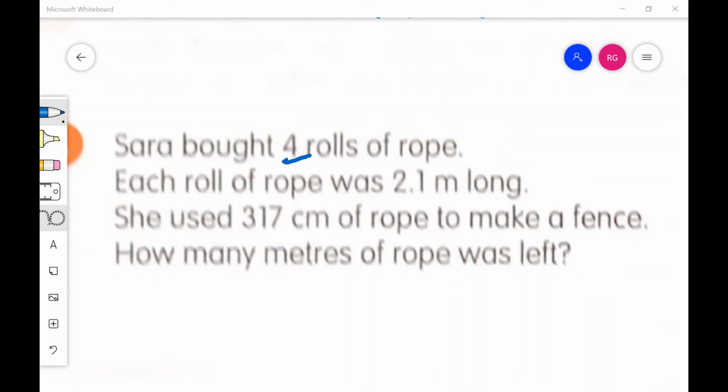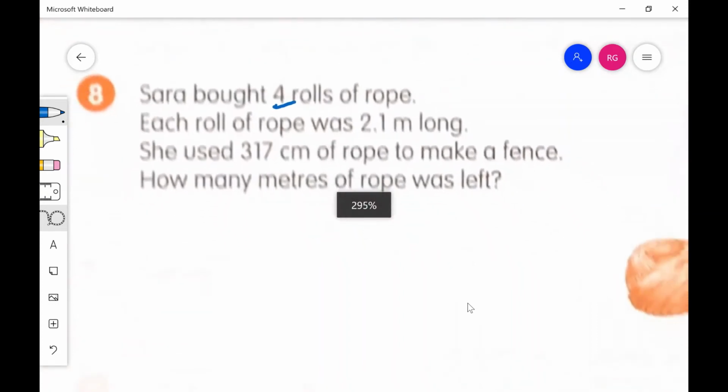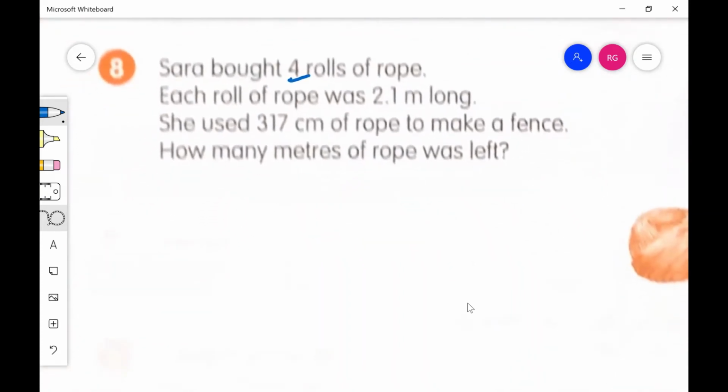She used 317 centimeters of rope to make a fence. How many meters of rope were left? Yeah, and I spell meters differently. I know it looks funny to me too. I spell it like that. Okay. Yeah.